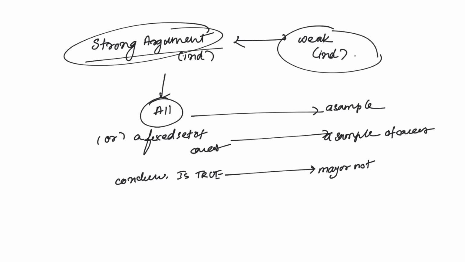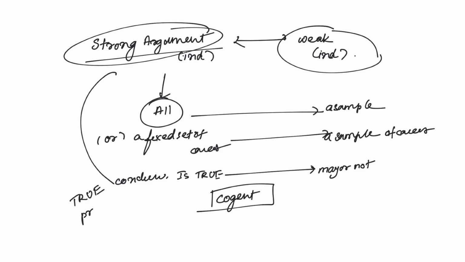So what would be a cogent set? A strong inductive argument with true premises is called a cogent set. So if all the premises are true, that would be a cogent set. Like with deductive arguments, determining cogency is a two-step process.